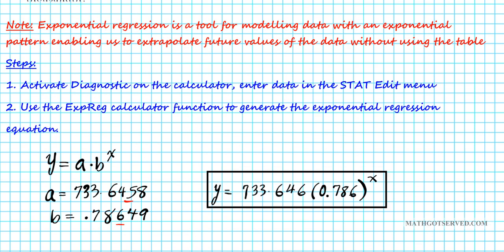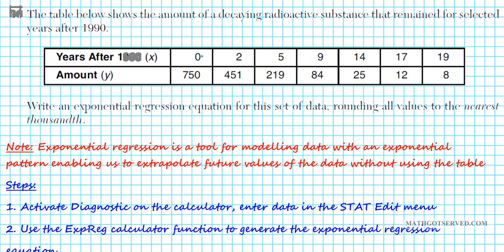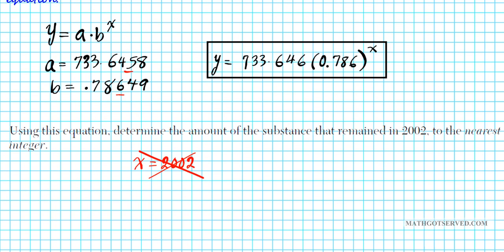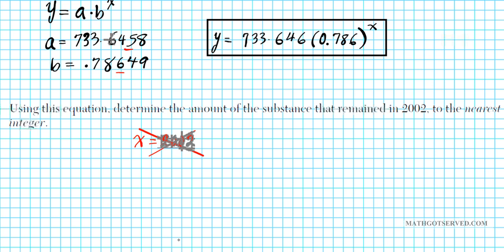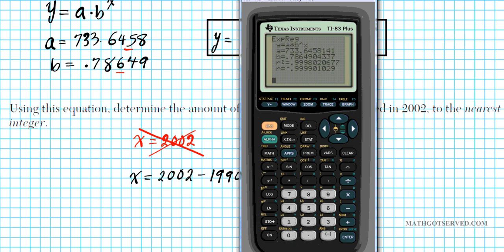If you refer back to your table, remember it states that the input values are years after 1990. So x will be how many years from 1990 to 2002. So x is 2002 minus 1990.